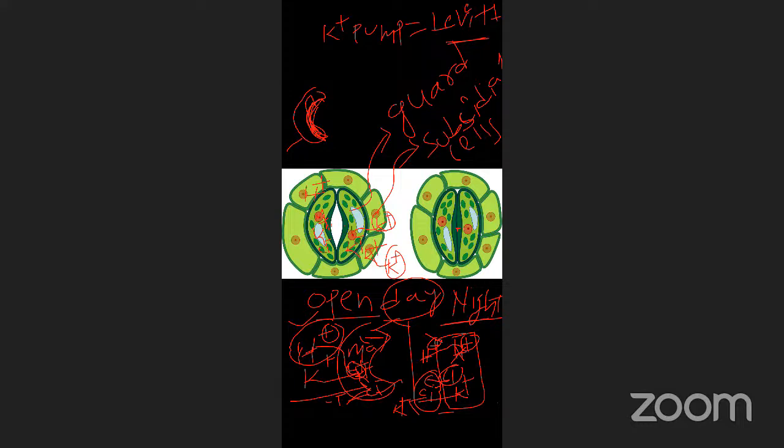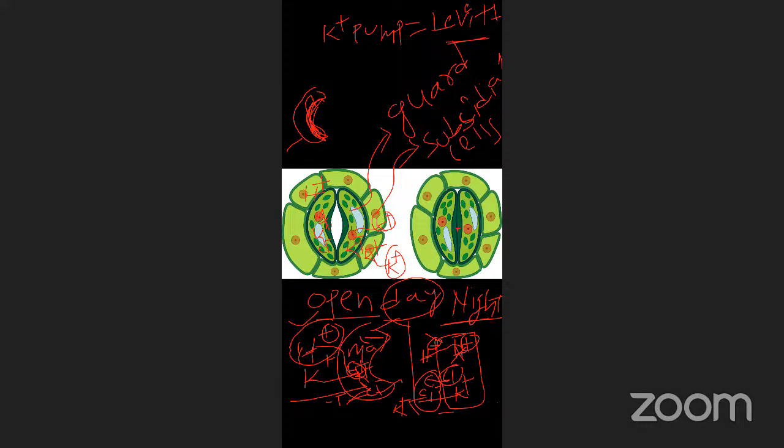Yes, sir. Now tell me the water movement from where to where? High water potential to low or low water potential to high? High water potential to low water potential.